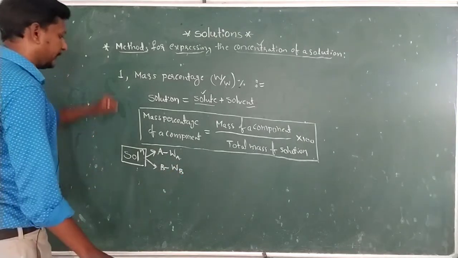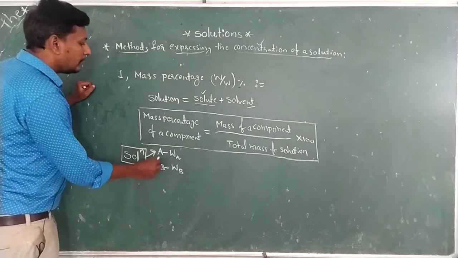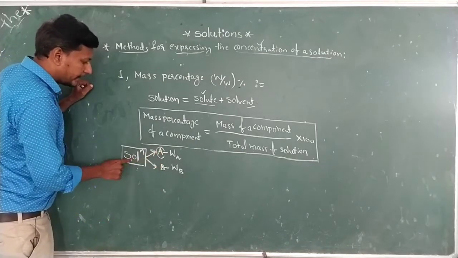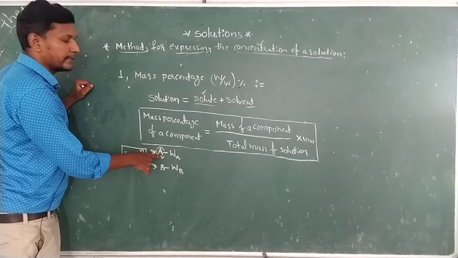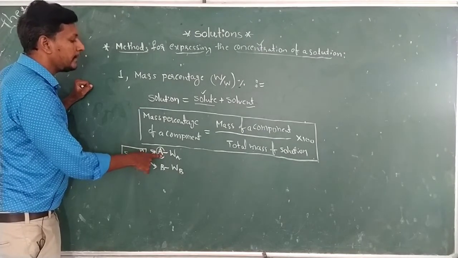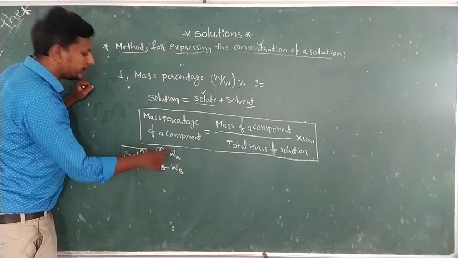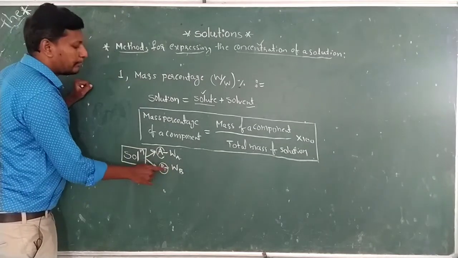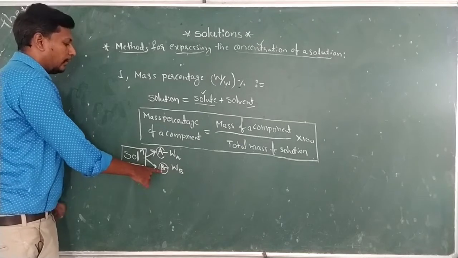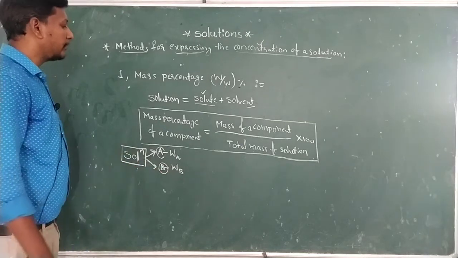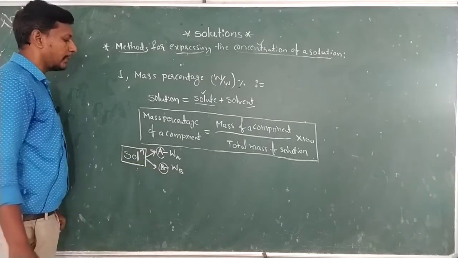At that time we can calculate the mass percentage of the A component or the B component also. How to find the A component mass percentage and B component mass percentage?